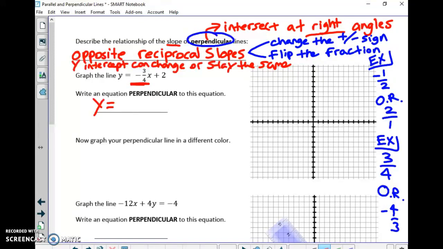So positive 4/3. You don't have to put a positive sign, 4/3 x. Now, remember, the y-intercept can change or stay the same, doesn't matter. So just for fun, we'll leave it the exact same y-intercept, because you can do that. If you change it, that's fine. But FYI, you can leave it the same.